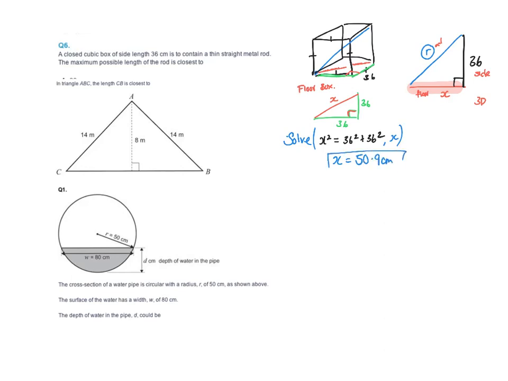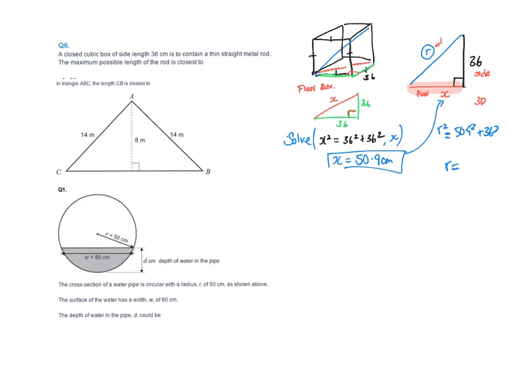So now I've got X, I can put that over into here. So now when I'm finding the rod, I'll have R squared, because that's the hypotenuse, equals X, this one, so 50.9 squared plus 36 squared. And you can do solve again and find out what R equals.